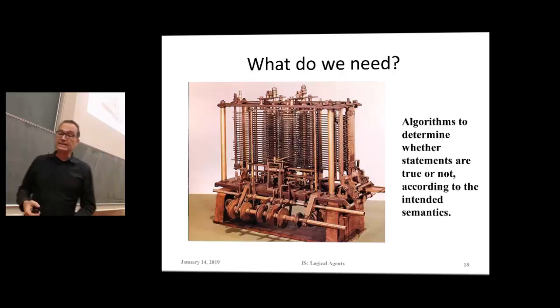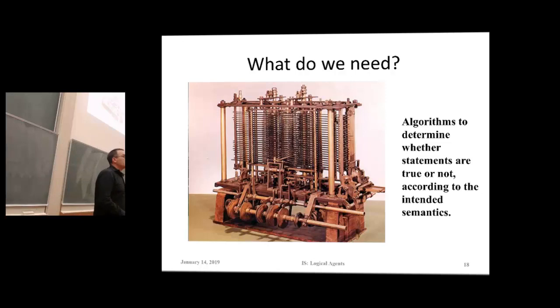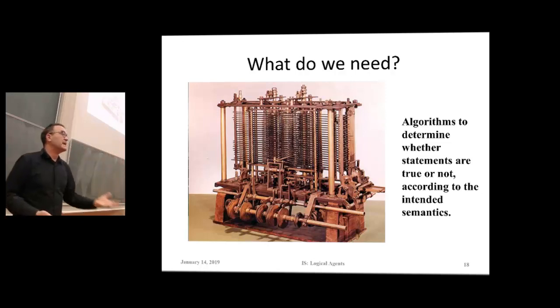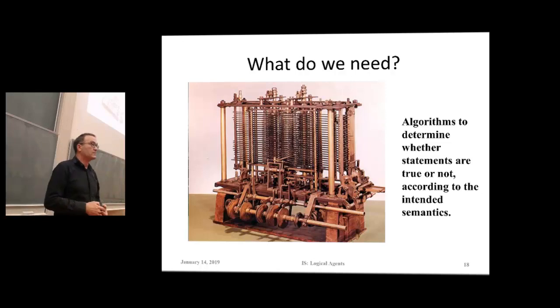And we need a calculus, a machine that tells us whether something is true or something is entailed, given this language and the intended meaning that I wanted to have. So these are the three elements that, in my view, always constitute a logic: a syntax, a semantics, and a calculus.